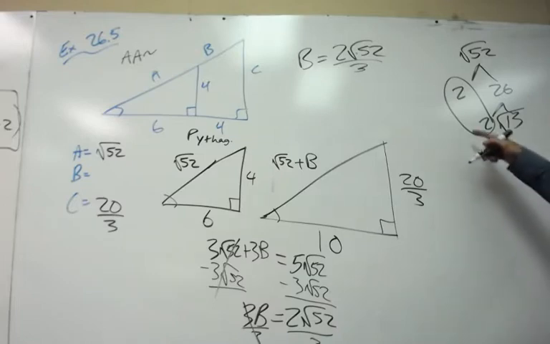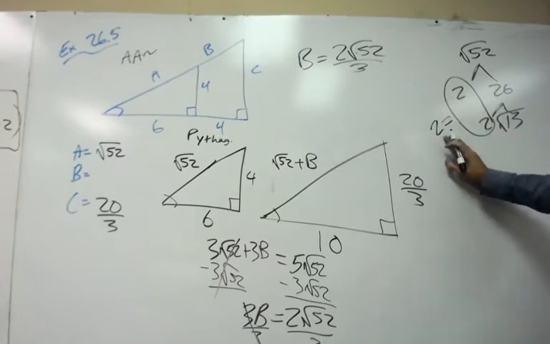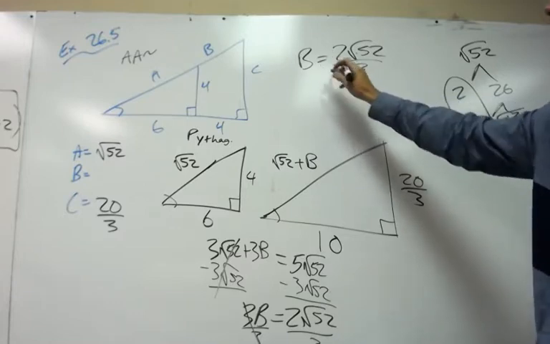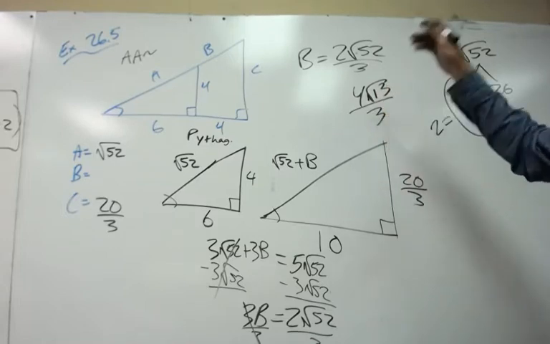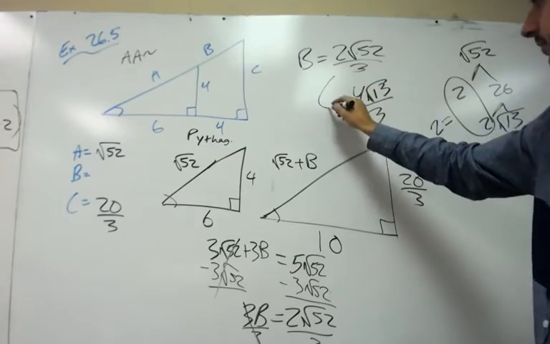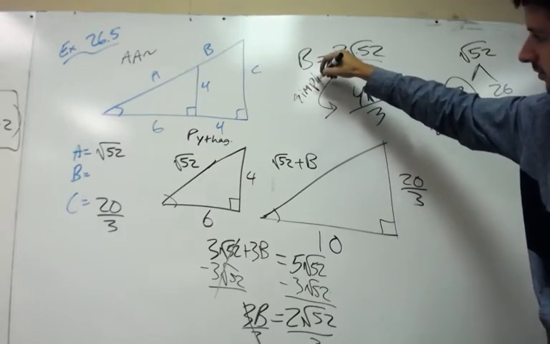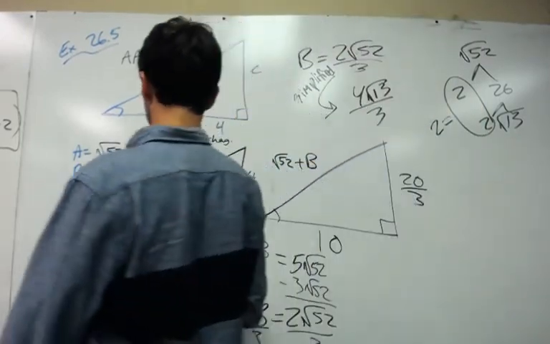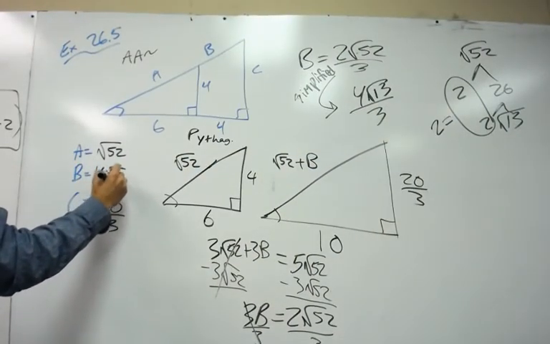So we take this 2, multiply it here by this 2, you get 4 radical 13 over 3. Okay, that is simplified, and so that would be our answer for B. 4 radical 13 over 3.